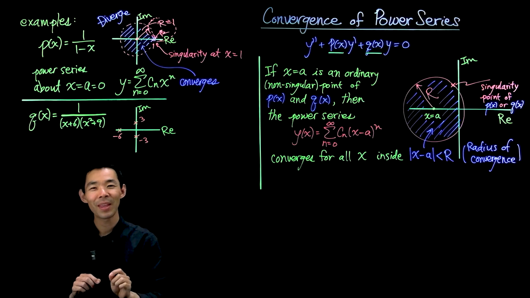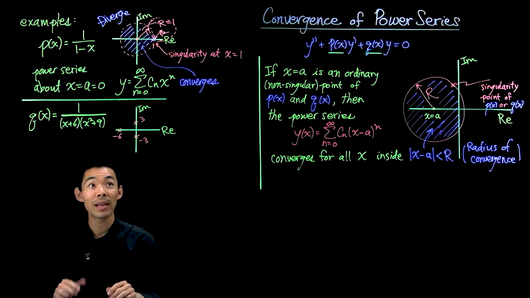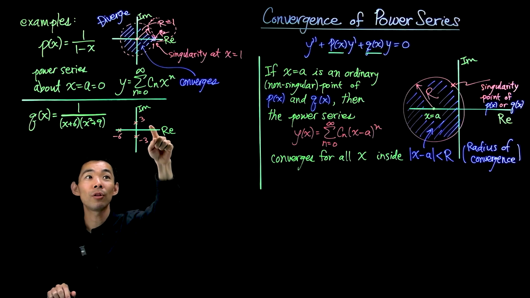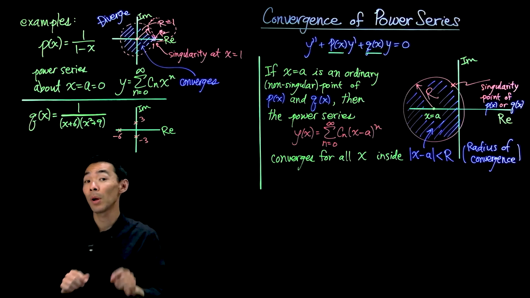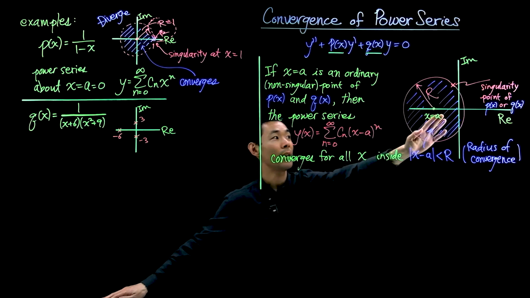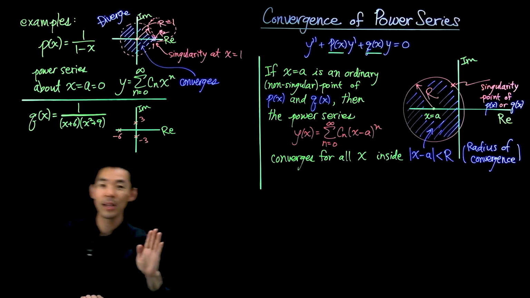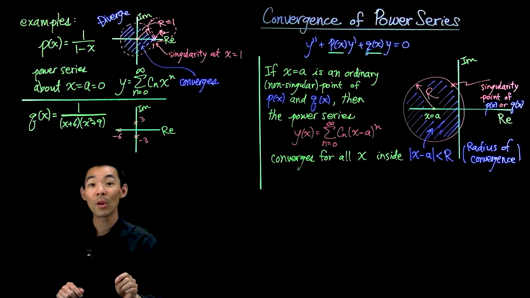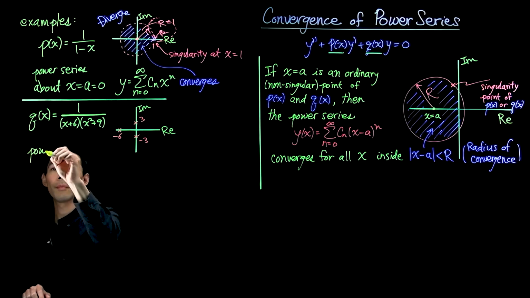Now, once again, if you wanted to develop a power series about some point, you go to your nearest singularity. There's 3 singularities in this case, but only the nearest one matters. Again, going back to the definition, the nearest singularity determines the validity or the convergence of your power series.